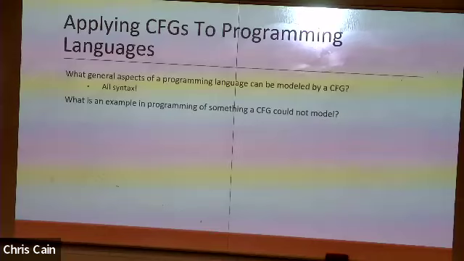In a programming language, what would that be equivalent to? What is a line in Java that you could write that is syntactically correct, but semantically makes no sense? Or semantically just can't be done? Like true equals false.